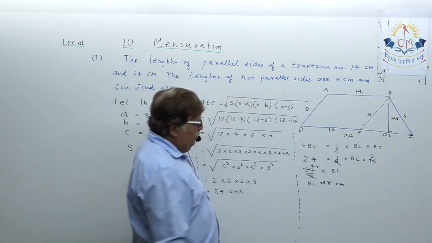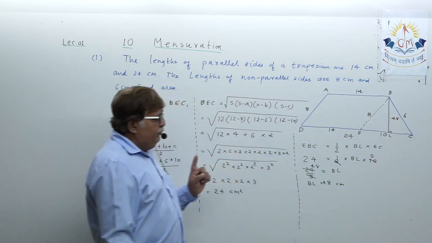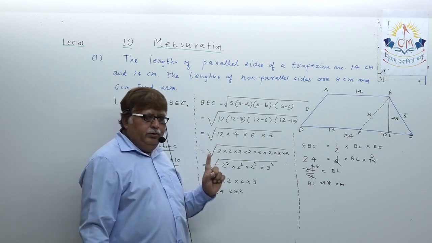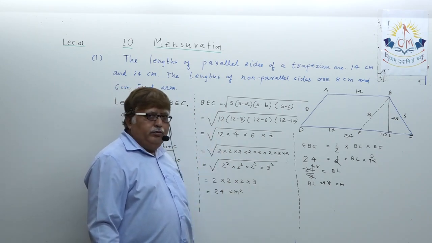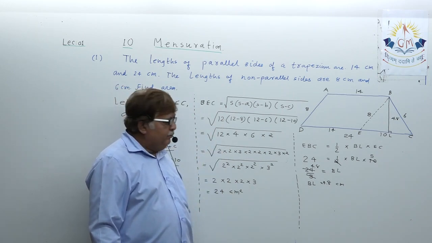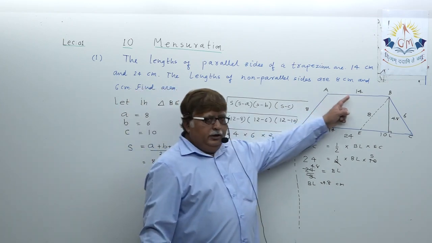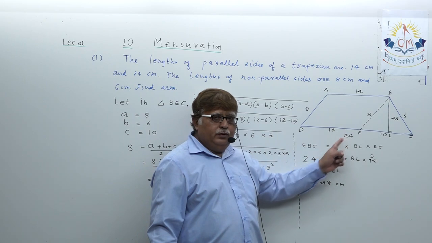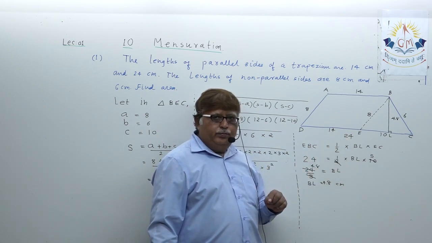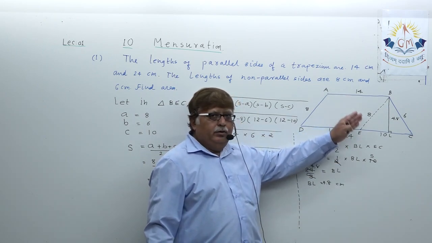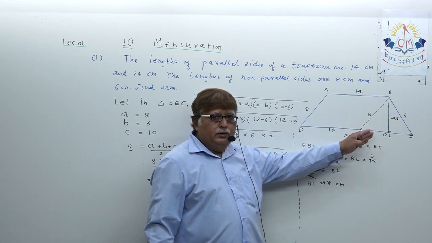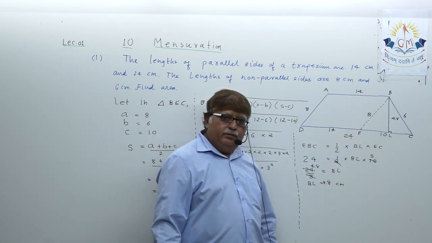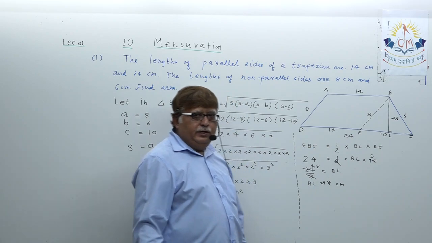So now dear student, you have all things at your disposal. You know both parallel sides, AB 14, CD 24. Not only do you know the parallel sides, but you also know the distance between the two parallel sides.